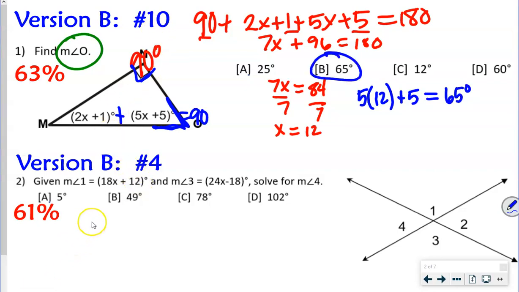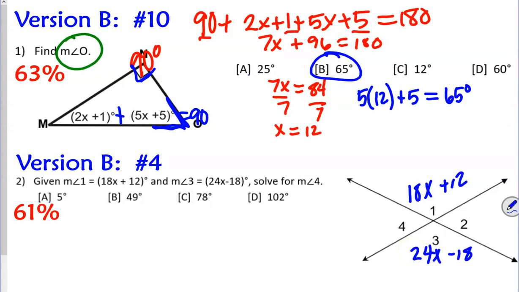All right, so with the next question, number 2, given the measure of angle 1 was 18x plus 12, the measure of angle 3 was 24x minus 18, solve for the measure of angle 4. So first of all, I'm going to say we have 18x plus 12 here, and we have 24x minus 18.